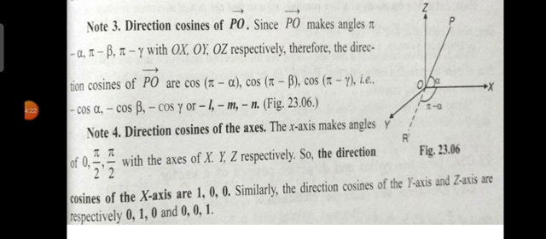OP is opposite to PO. Okay, I think it is clear.